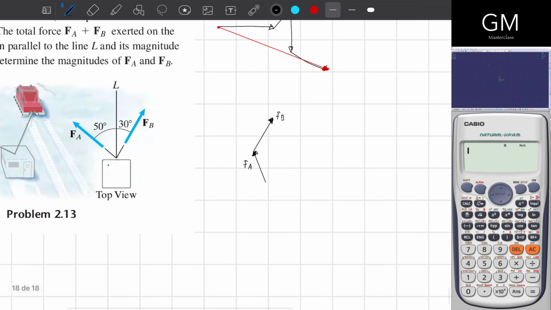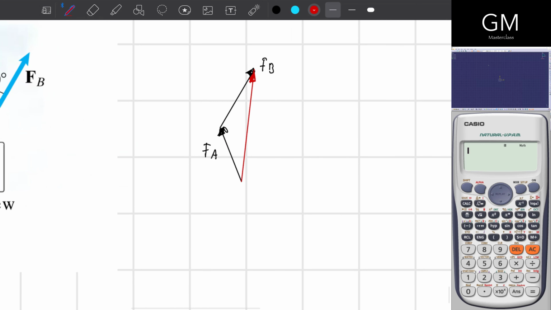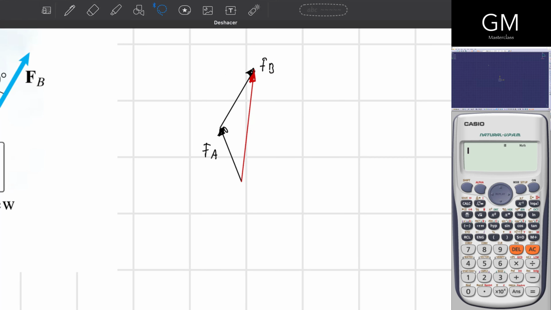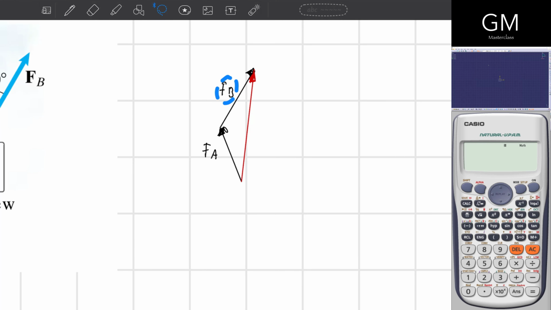And as you can see, right here I'm going to create a resultant vector. As I just said, the vector must be touching the head of FB and the tail of FA. So right here I have FB, FA, and right here I have the 400 pounds.